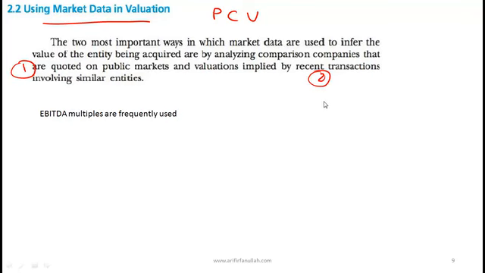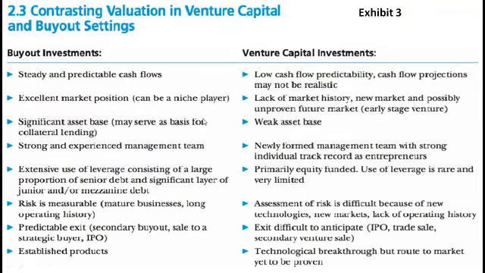So this is straight out of what you studied. And this should be no surprise because effectively what we are doing here is valuing private companies. The multiple that is used most often is your EBITDA related multiple, so enterprise value to EBITDA.